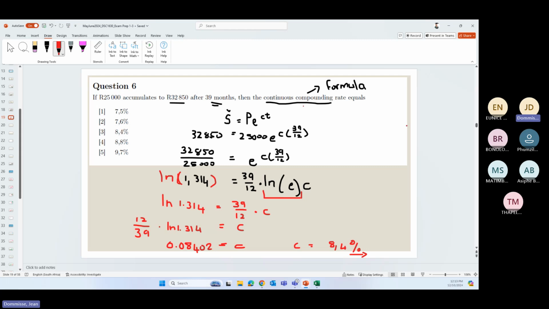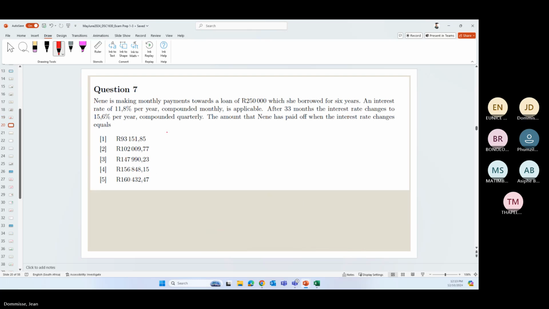Okay, so let's get to the next one, question 7. Now the first few were simple interest. There was a PMT somewhere. Then we went into changing the different interest structures.